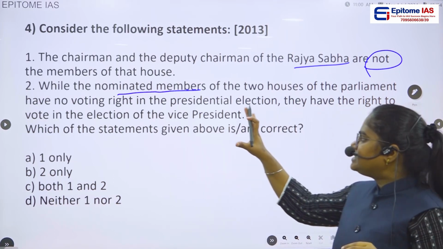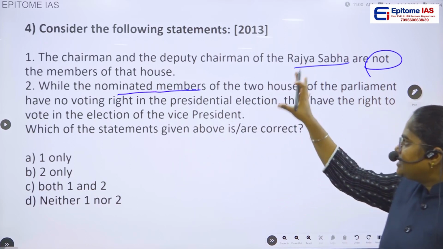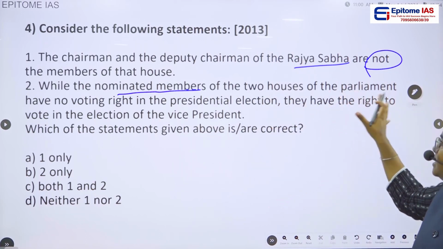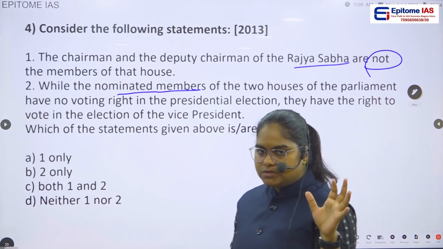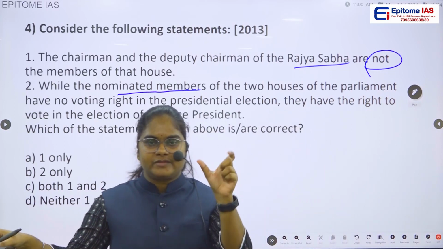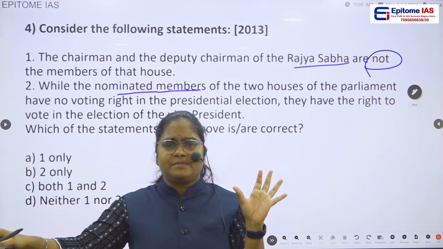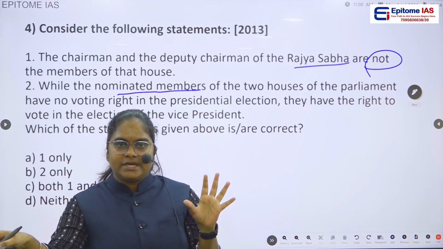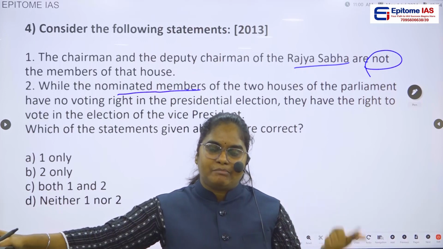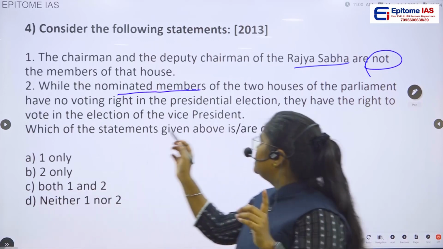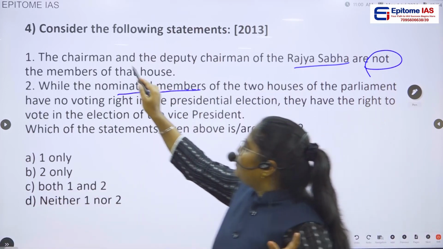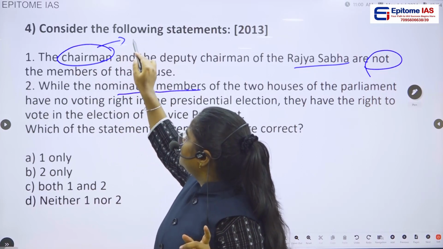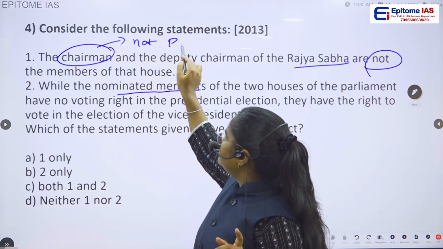So the first statement says that the chairman and the deputy chairman of the Rajya Sabha are not members of that house. The chairman of the Rajya Sabha is the vice president of India, and we know that the vice president of India is not a member of Rajya Sabha. So we can say that the chairman of the Rajya Sabha is not a member of Rajya Sabha.